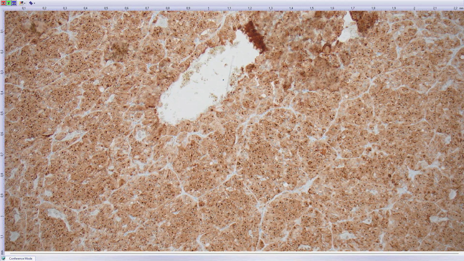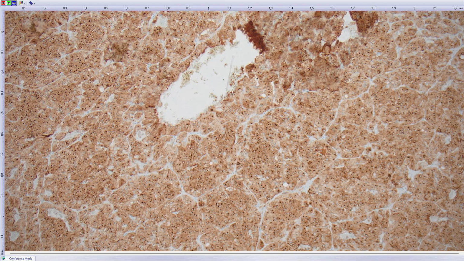So you have to go for genetics. So I made fluorescence in situ hybridization and we got a break in TFEB. So this case is a case of TFEB translocated renal cell carcinoma. You can see very beautiful diffuse GPNMB staining.